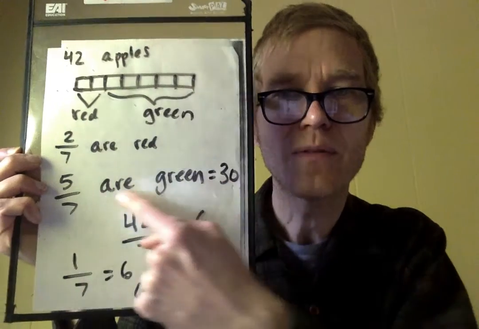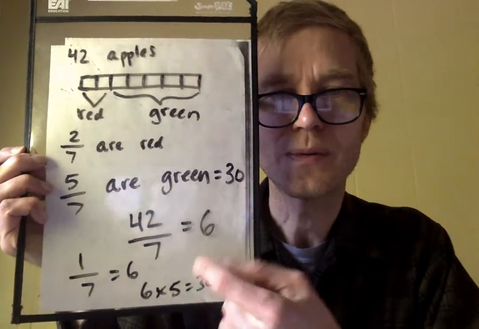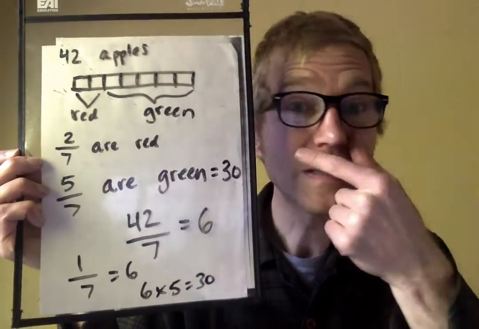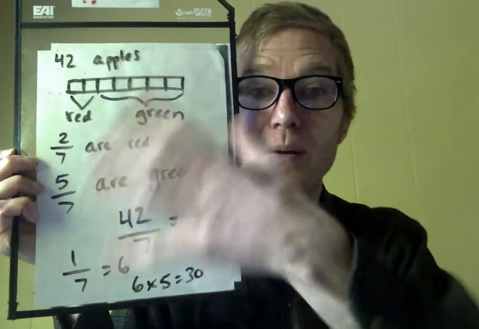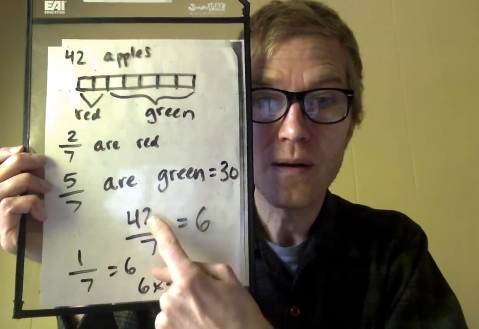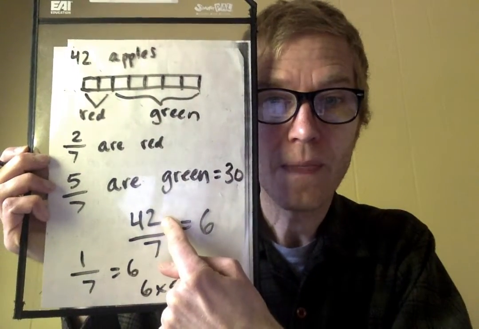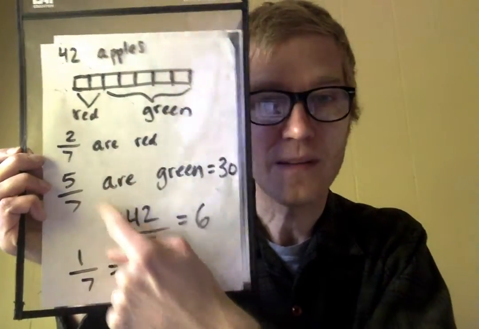Right there. We knew what 1/7 was. 1/7 was 6. So we just go 6 times 5 because we're talking about 5/7. So in all these problems, first you set it up, always the same. Put the number of the total on top. You don't really need to draw it. Just put the number of the total on top. And then the bottom number, the denominator, stays the same. 7ths. We're talking about 7ths.